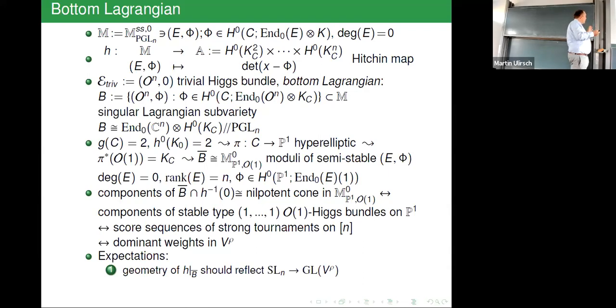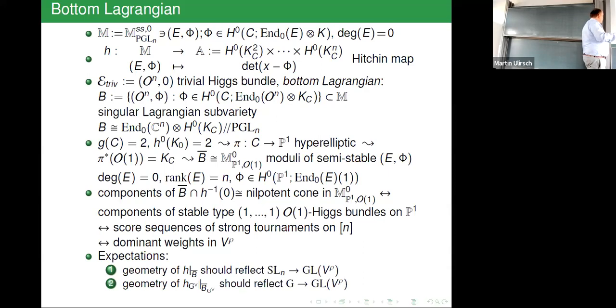Because of many other things, but also because it's likely supported by this community, what I expect is that the Hitchin fibration reflects the representation theory of this particular representation. Then more generally, yes, there is an inherent Lagrangian.